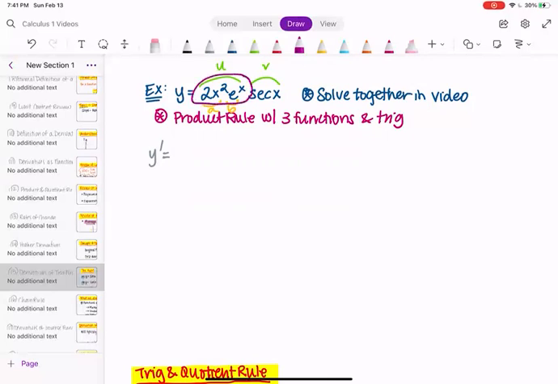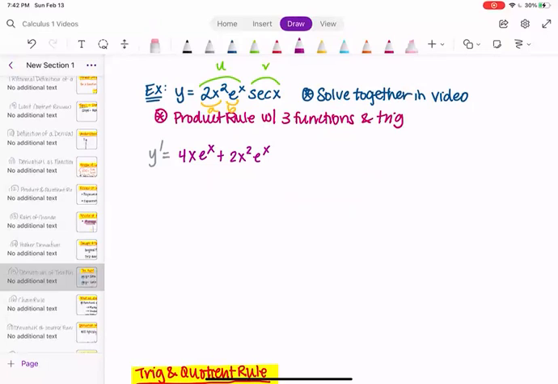So that's going to be 4x e to the x, where e to the x is just left alone, plus 2x squared e to the x, and that is just the derivative of e to the x.